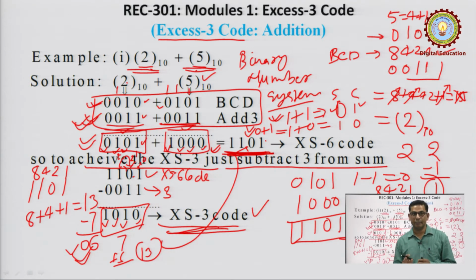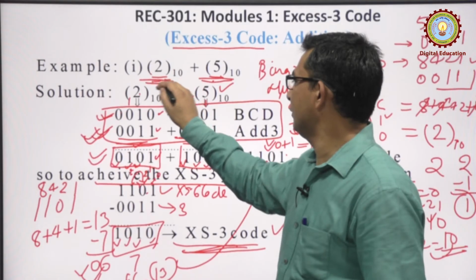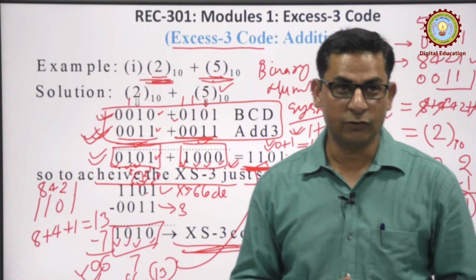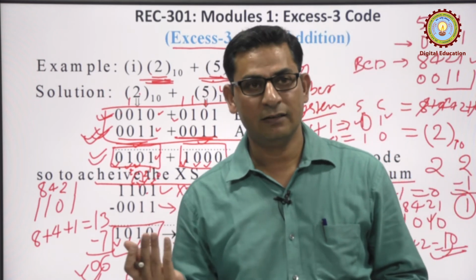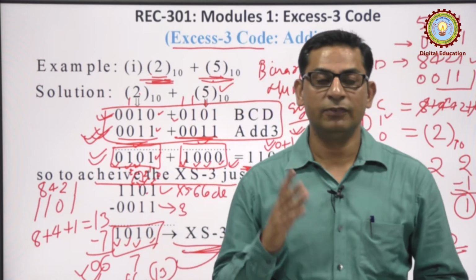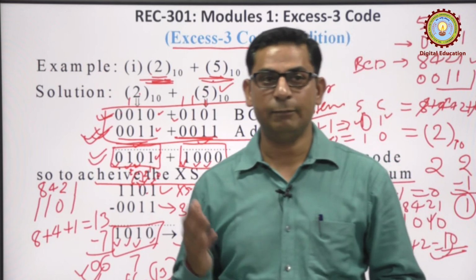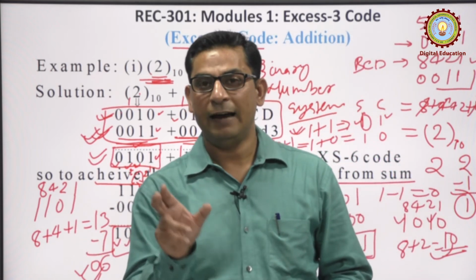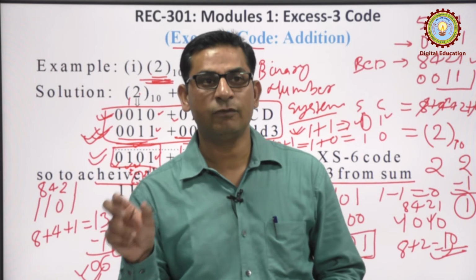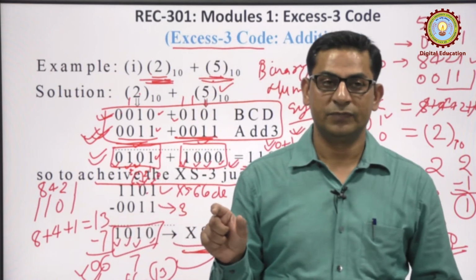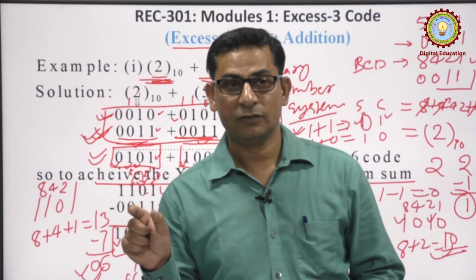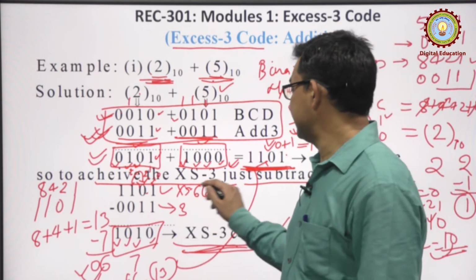It depends on how many digits you have added. Like here in this example, we have only 2 plus 5, it could be 2 plus 5 plus 7, something like this. If we are adding 2 plus 5 plus 7, it means we have to add the binary equivalent of 3 three times. So, we will get the answer in XS9 code.